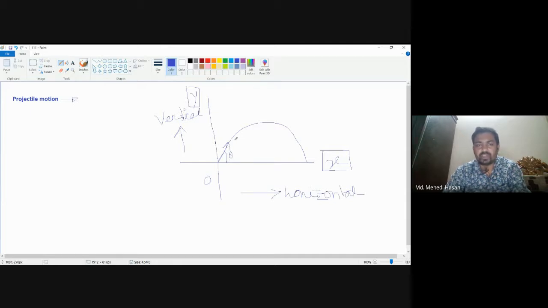Then the motion of the object is called projectile motion, the object is called a projectile, and the path will be like that, as shown in the figure.